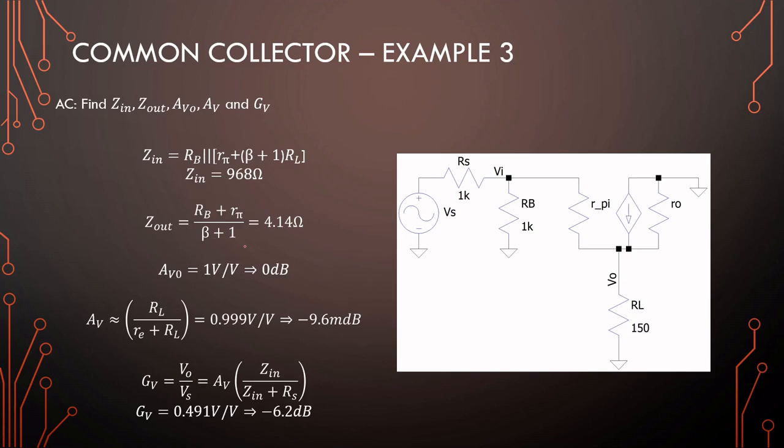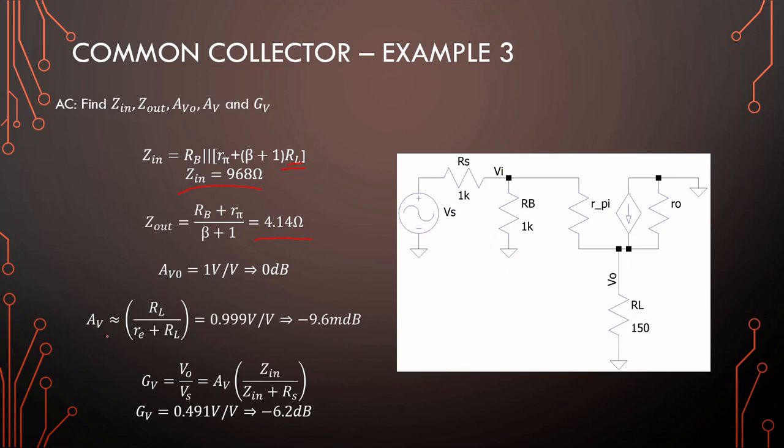The nice thing about the current source is with the output impedance, the emitter resistor disappears, and we have 4.14 ohms output impedance, which is lower, just by a tiny bit, but it means that our amplifier can drive better. Our input impedance is still determined by RB in this case, but here we only used R load. So with a bit larger load, our input impedance will increase significantly. But our input impedance here is still determined by the size of our bias resistor.